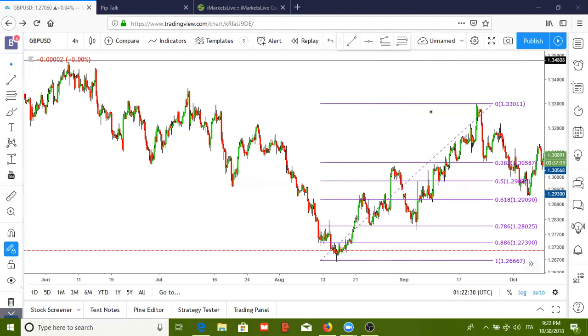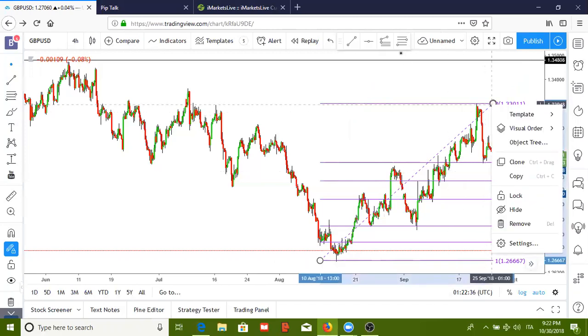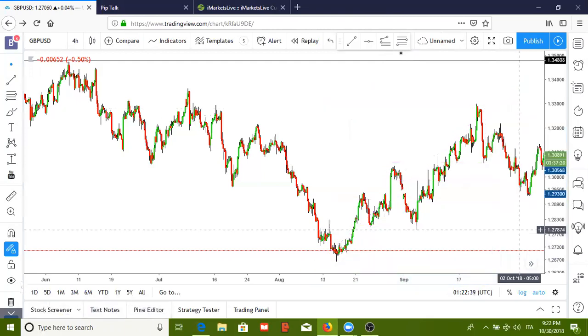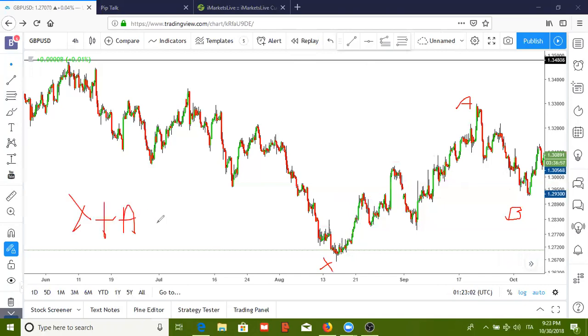So now I have everything identified. So what I want to do right now is take my fib from my A leg, this is a B, take it from my A leg all the way down to my B leg, okay? Remember the coordinates? Remember that? X plus A equals B.